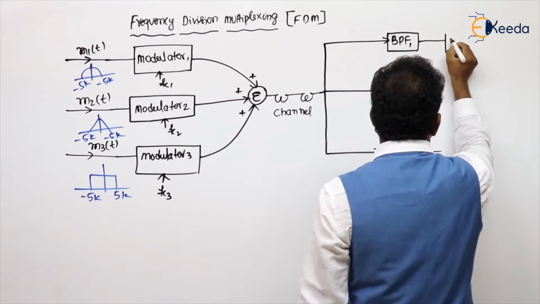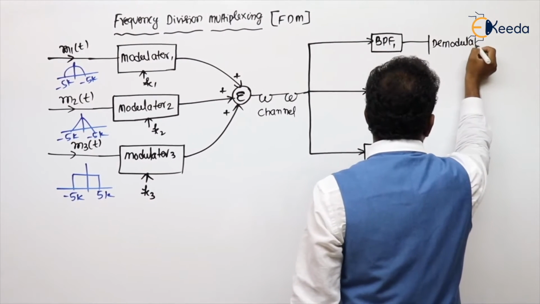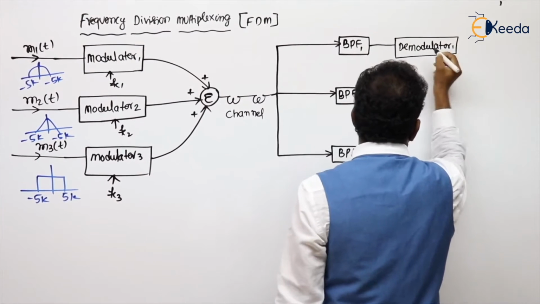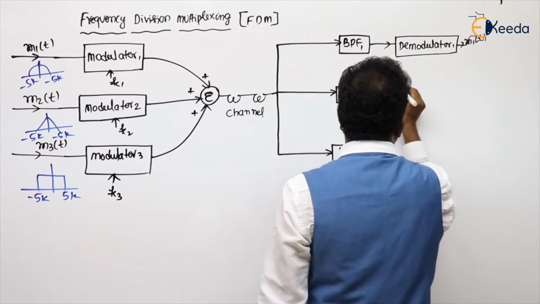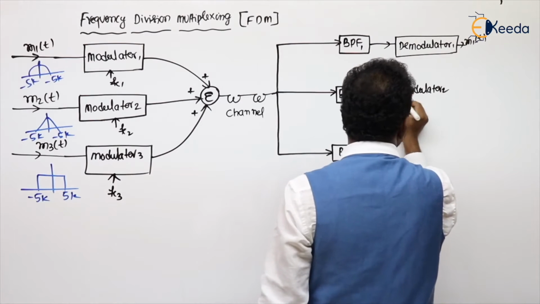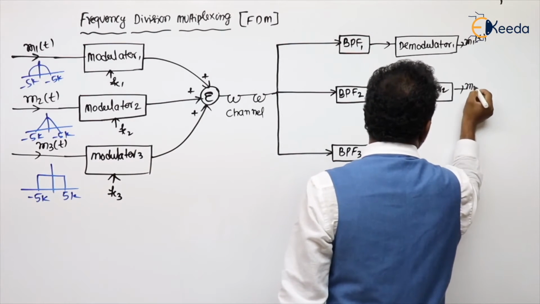We did the modulation there, so here we are using demodulation. Let's take demodulator 1 to get our message M1, and given to demodulator 2, we will get M2.